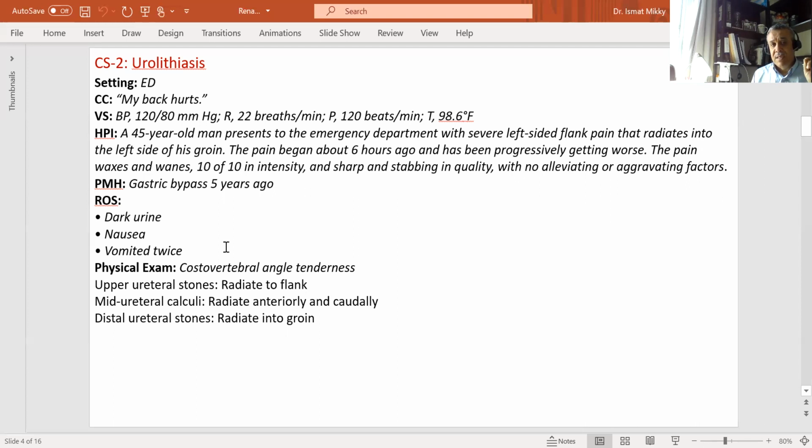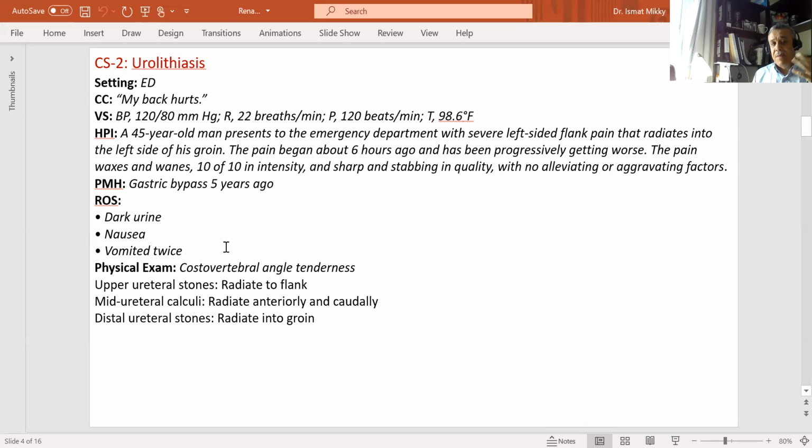If the stone is in the upper ureter, then that will radiate to the flank side. If it's in the mid aspect of the ureter, then it will radiate anteriorly. And when the stone is located in the distal ureter, that will radiate to the groin, because that will be close to the ureterovesical junction, which is close to the bladder.